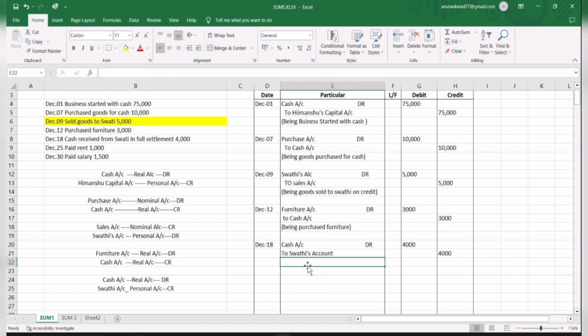Here the narration will be: being cash received from Swati in full settlement of her account.